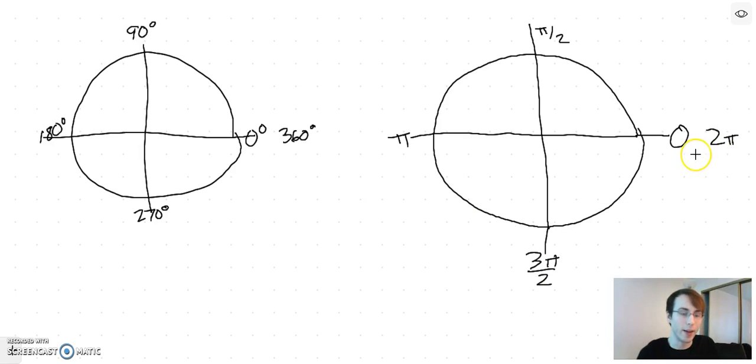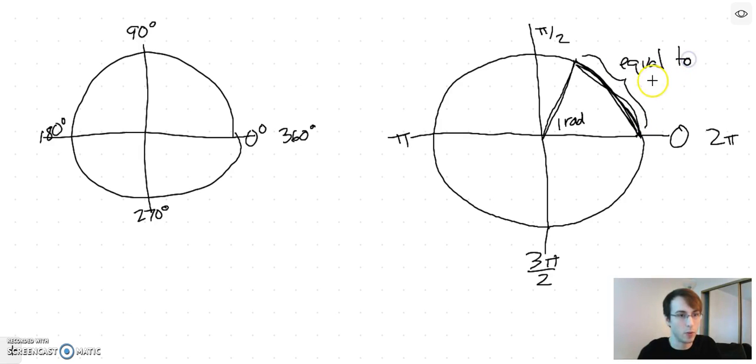Now, the reason why we do it this way is so that 1 radian is going to be about here. 1 radian means that the arc length here is going to be equal to 1 radius of the circle.